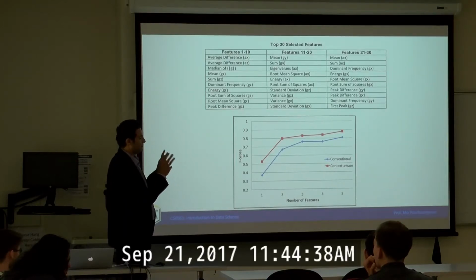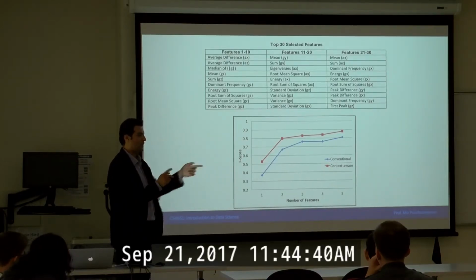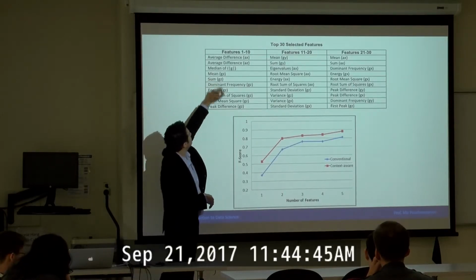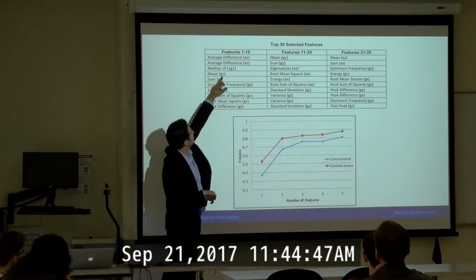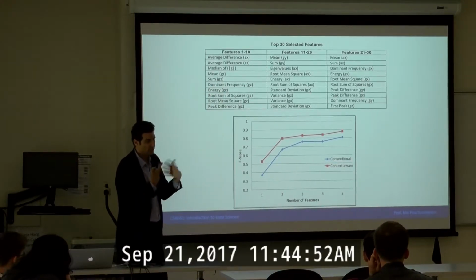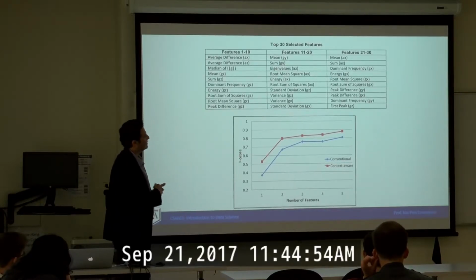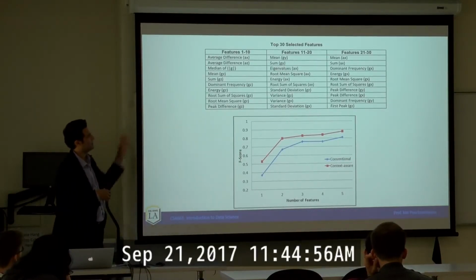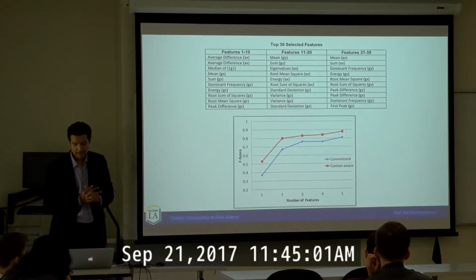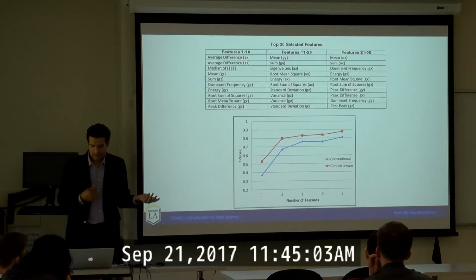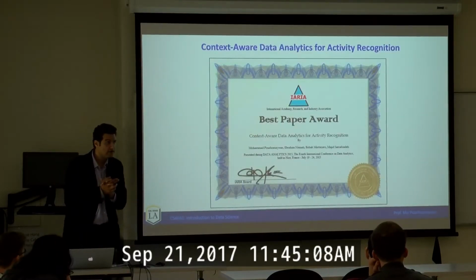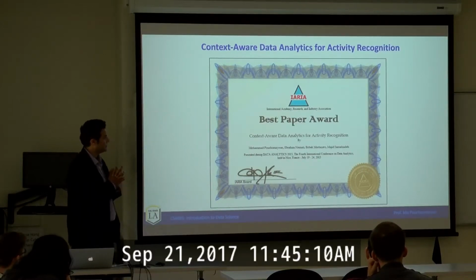The accelerometer gives us 3 signals in the X direction, Y direction, and Z direction. For example, mean means the mean of the gyroscope signal in the Z direction. There are some algorithms, we call them feature selection or dimensionality reduction, that give us the best statistical features that we can extract from a raw signal. And for this work, we won the best paper award at a data analytics conference.